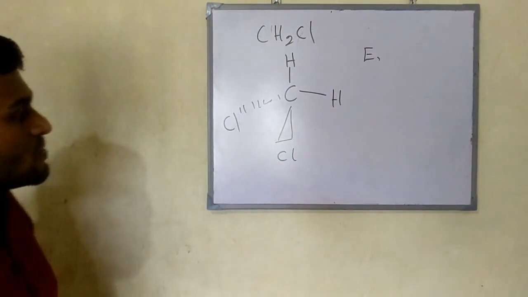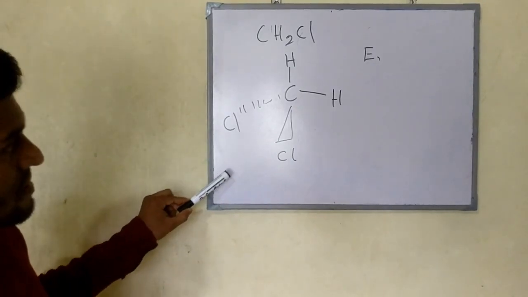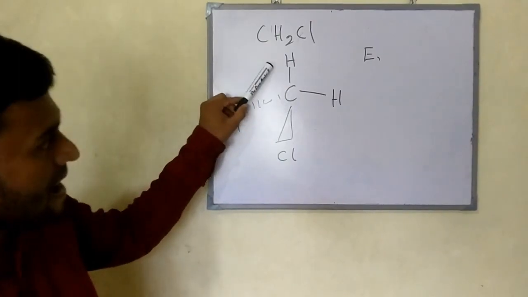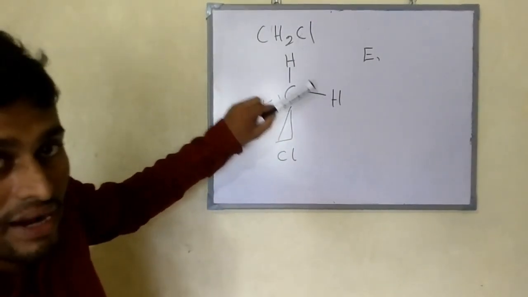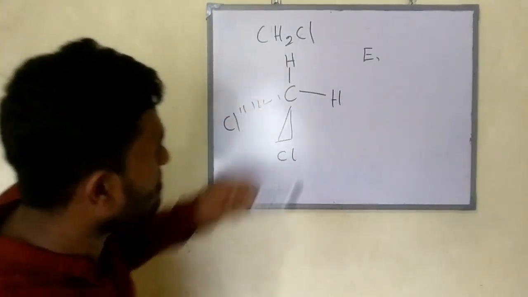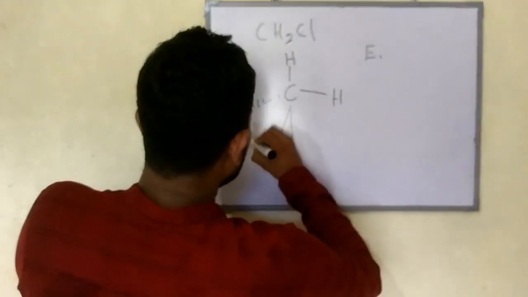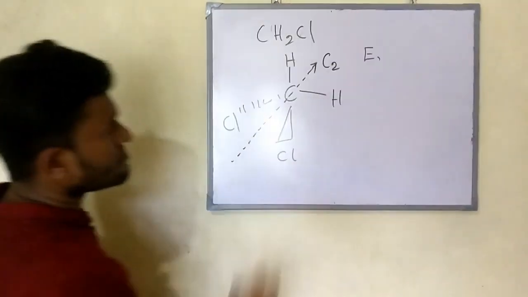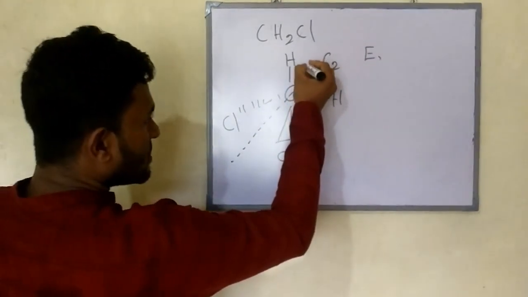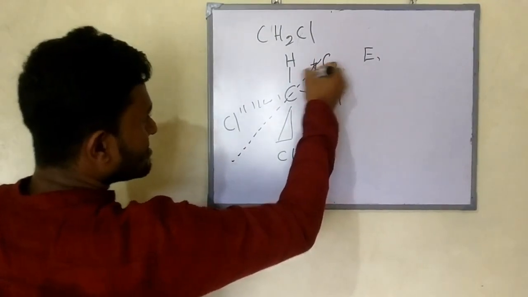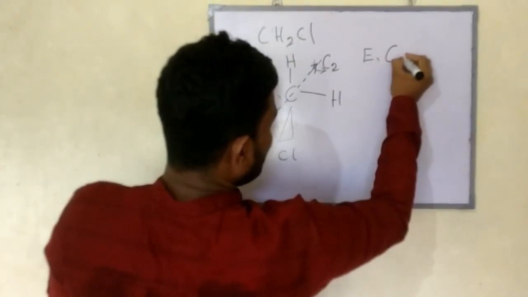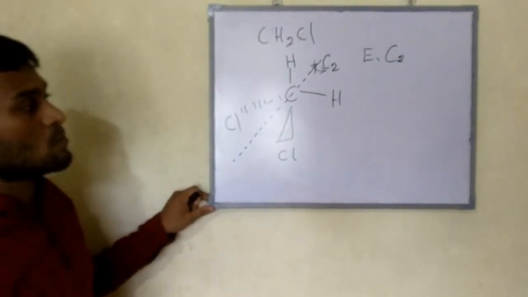Here you can see a rotation axis, because the axis goes through the middle of the carbon atom and separates the two hydrogen atoms in this middle position. That is this C2 axis. So you can rotate the molecule like this. So this is a proper axis of rotation, that is C2.